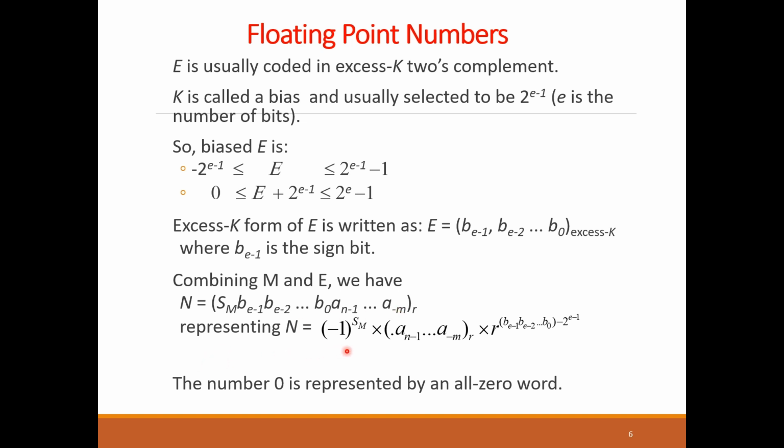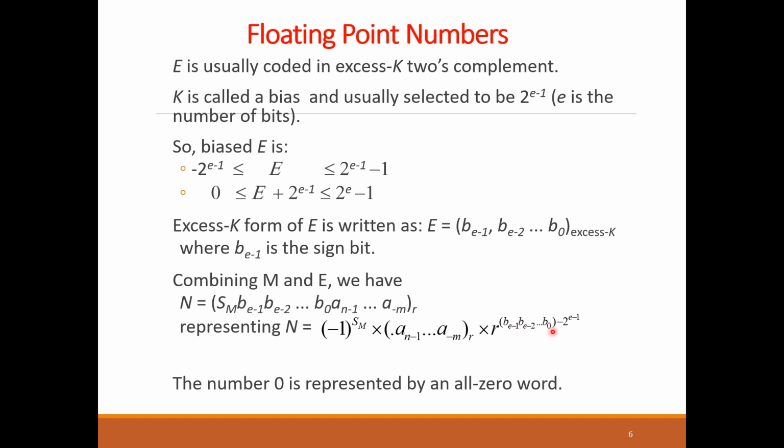So this number will be -1 to the power s, times the mantissa. If it is negative, -1 to the power 1 is negative. If it is a positive number, it will become plus, -1 to the power 0 is +1. And then this is the fraction part of the mantissa, and then this is the exponent, r to the power of it.